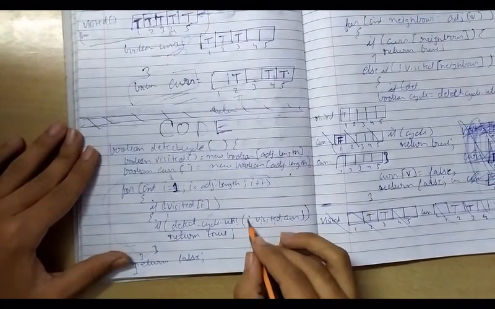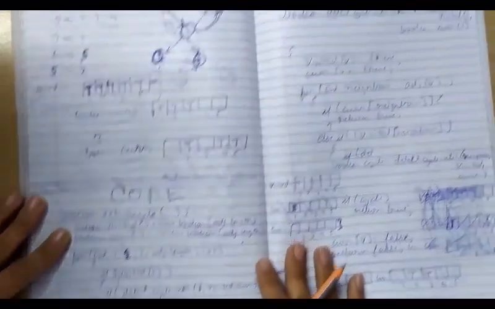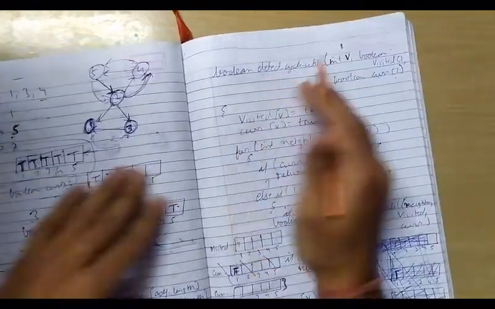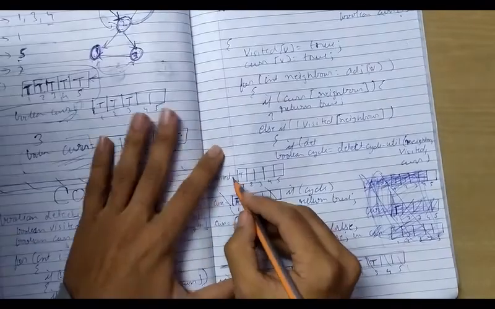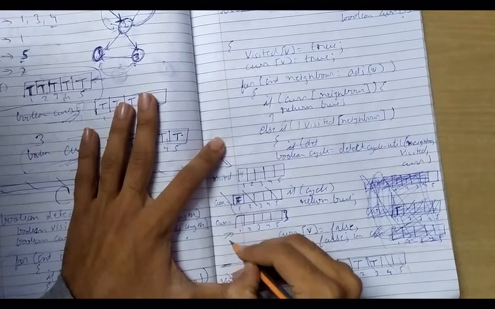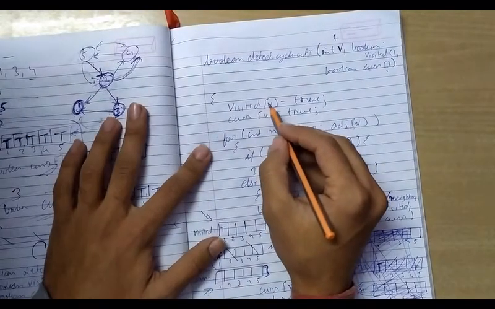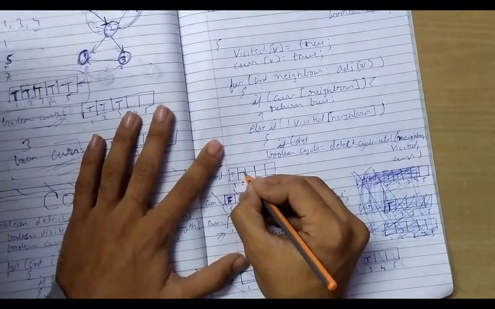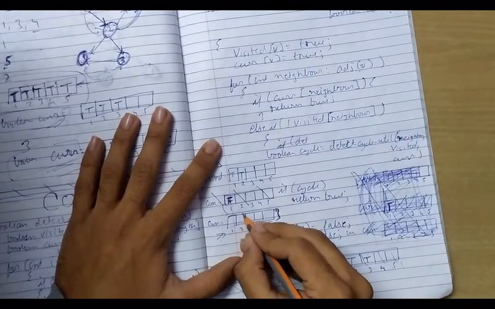So now we will do DFS search with respect to 2. In this function we will pass 2, the visited array and the current array. This one is our visited array and this one is our current array. In the visited array we will mark visited 2 equal to true, and current 2 is also equal to true.